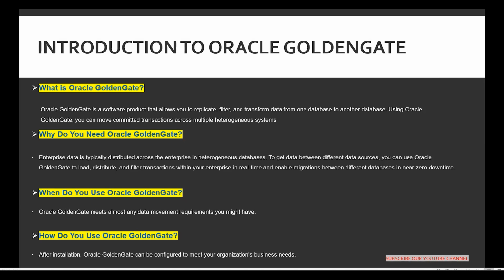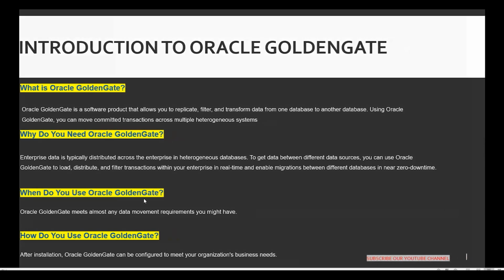And how do you use Oracle Goldengate? After the installation of Oracle Goldengate, you can perform the configuration and start using the Goldengate product. So this is some basic information about Goldengate.